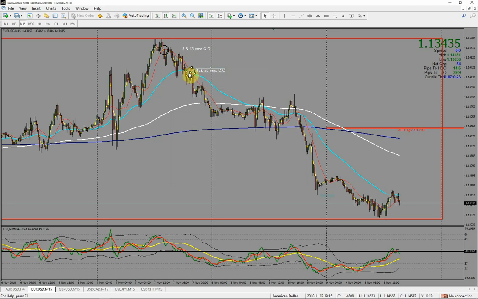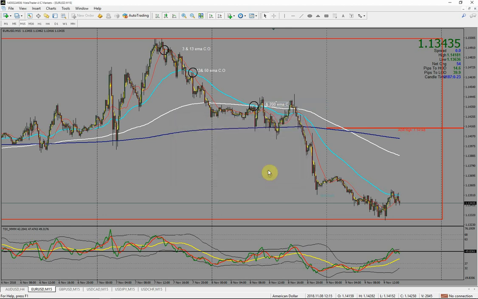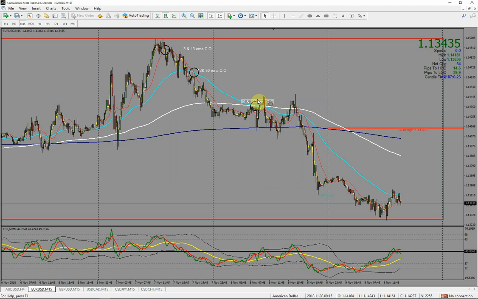From 13 and 50, we're gonna go to 50 and 200. There it is. That is the 50 and 200 EMA crossover right there.